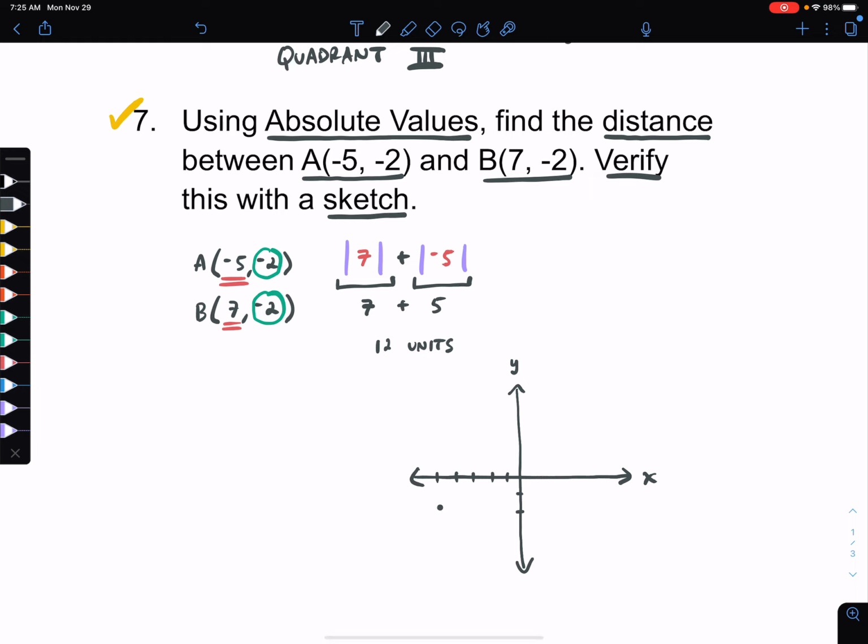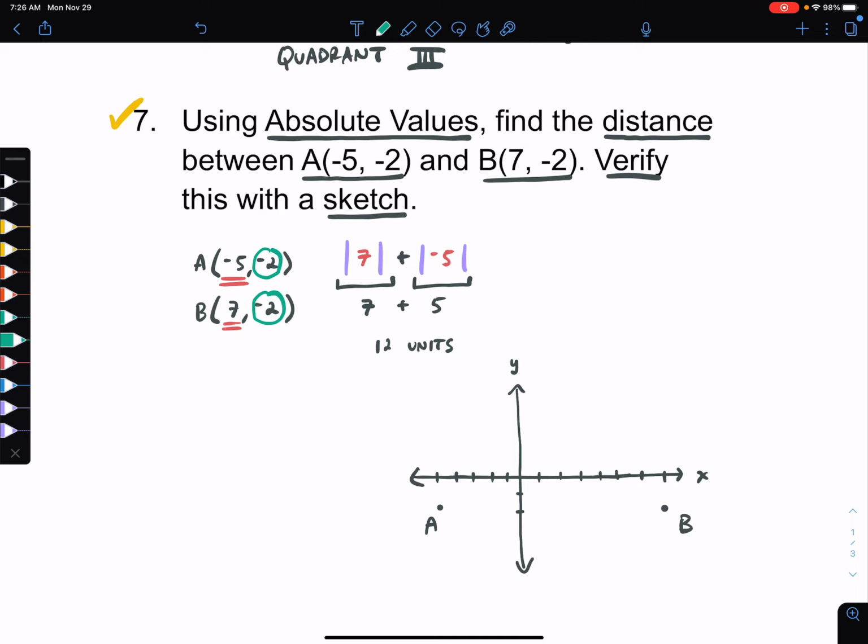Again, very rough sketch here. Here's A, and then B is going to be located at 7, so 1, 2, 3, 4, 5. Make a couple little adjustments here. 6 and 7, so we'll put B located right over here.